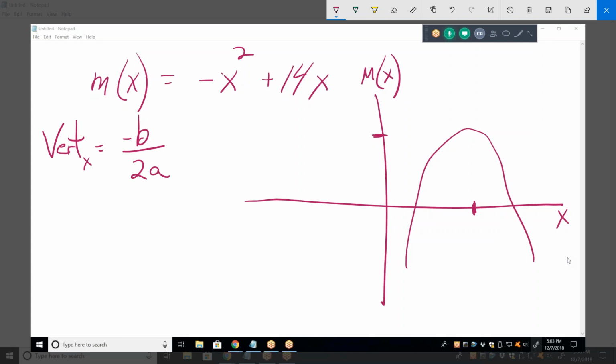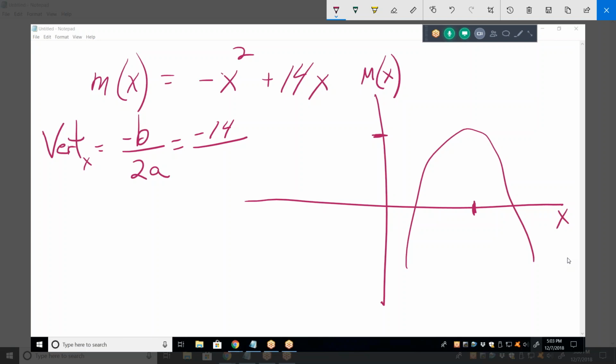So what would that be? Negative 14. What's 2a? What's a? No, the x squared coefficient.